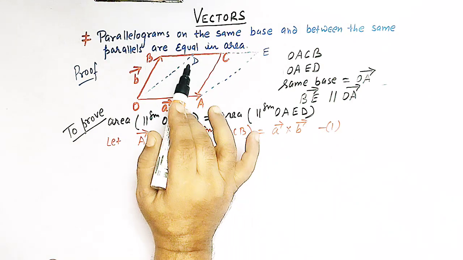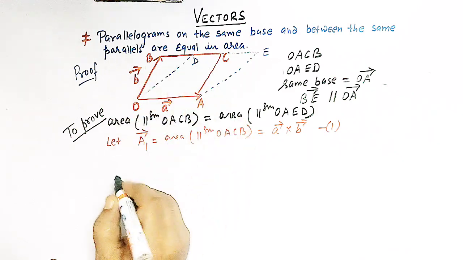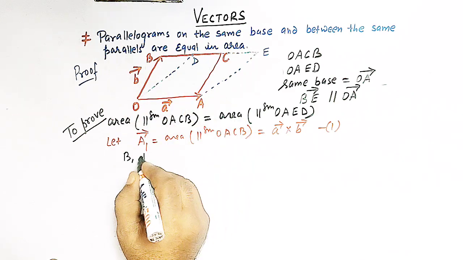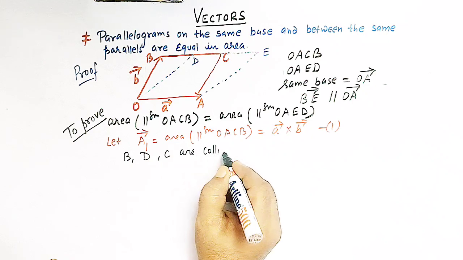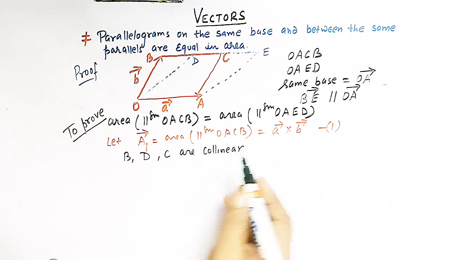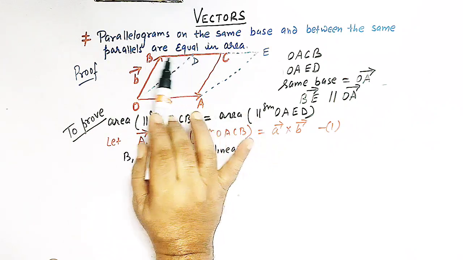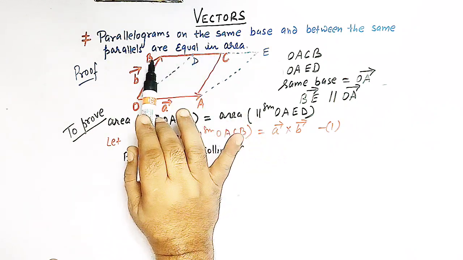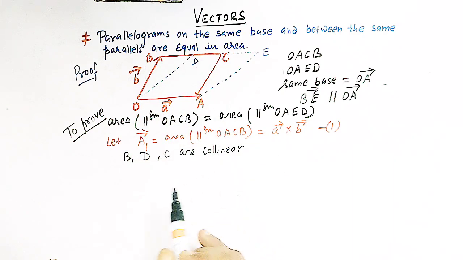So now first consider this point D, right? Now see, the points B, D and C are collinear, and this is an important concept here to prove this result. Now this point D lies between B and C, so that the points B, D and C are collinear.